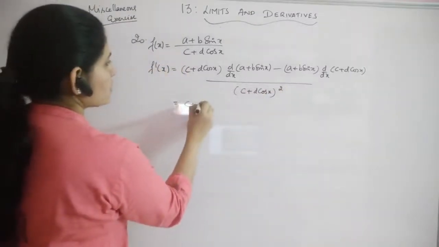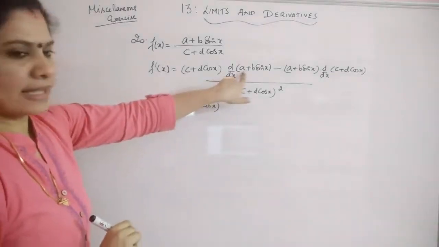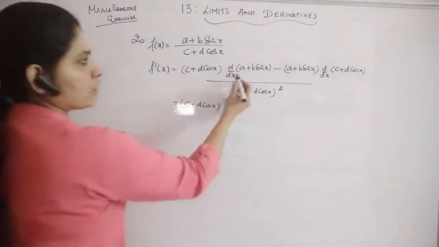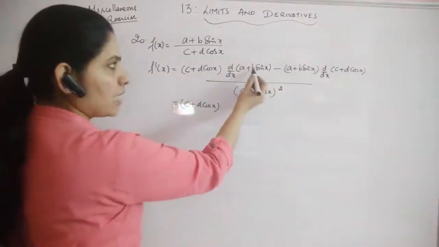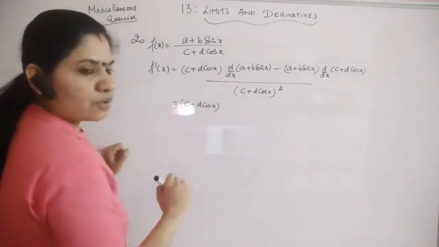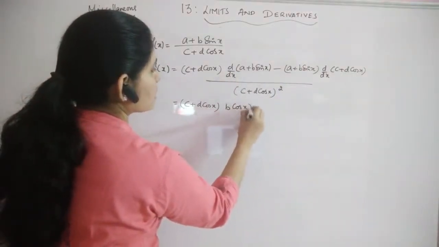So this will give you (c plus d cos x) into, what is the derivative of a? 0. And for the derivative of b sin x, b can be taken out and the derivative of sin x will give you cos x. So this term's derivative will give you b cos x.